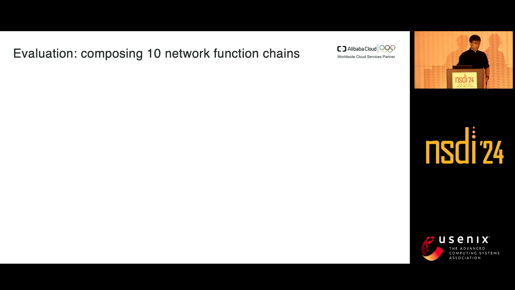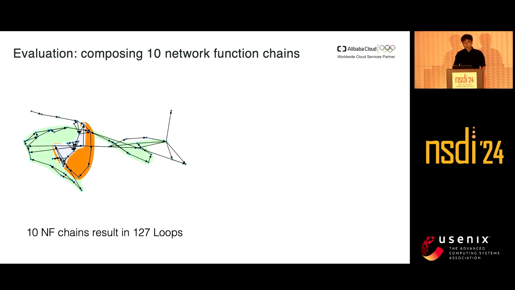As an evaluation, we are going to demonstrate the network function composition process we do in our real program. On the left, we have a network function chain. We just merged them by the order, and it actually results in 127 loops in merely 10 network function chains.